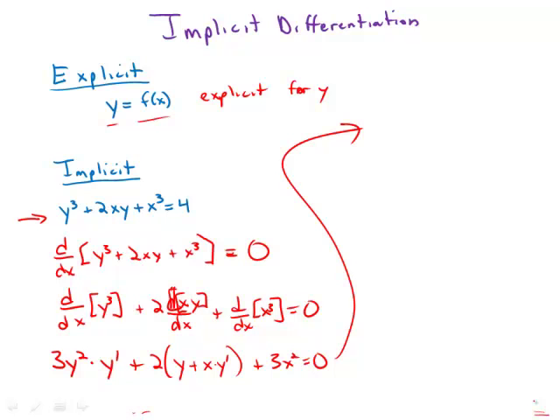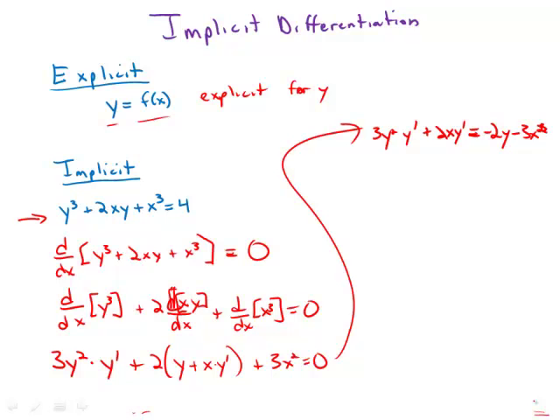Well, now, once we've taken a derivative, we can actually solve for y prime. So what we're going to do is just get all the y primes on one side of the equation and move everything else to the other side. So I have 3y squared y prime plus 2x y prime equals negative 2y and negative 3x squared.